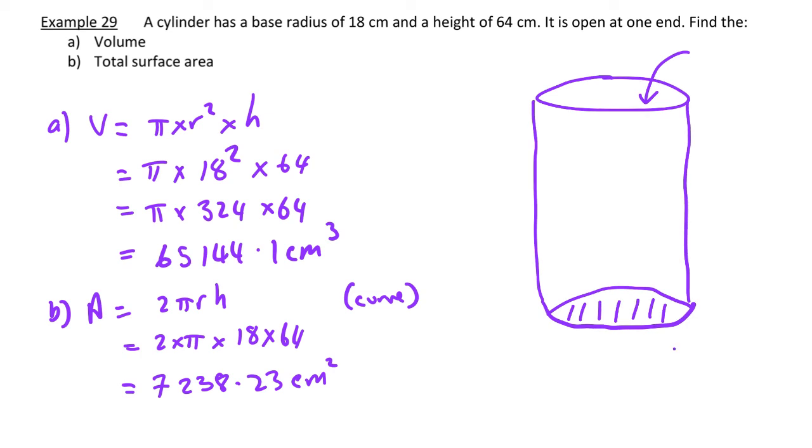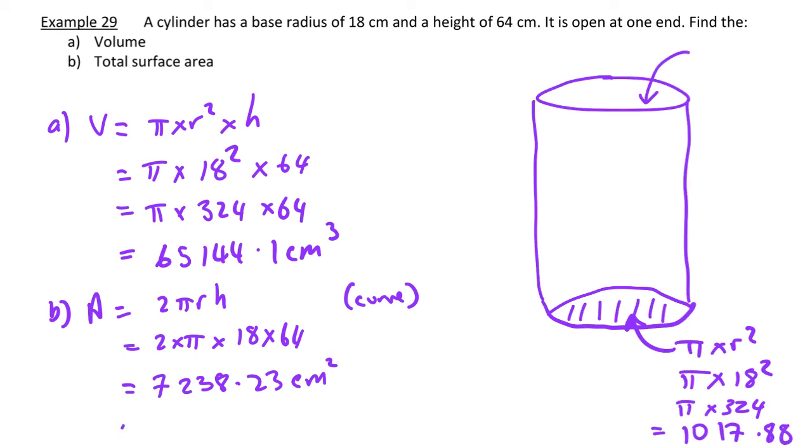We then need to work out the area of the base, which is a circle, so that's going to be pi times r squared, which is pi times 18 squared, or pi times 324, which is 1017.88. So then the total surface area is going to be those two added together, which gives us 8,256.1 squared centimeters.